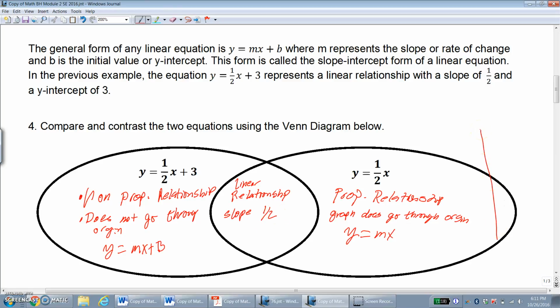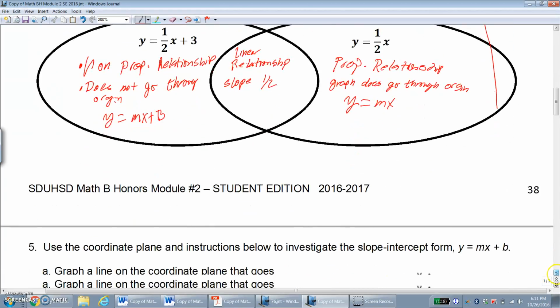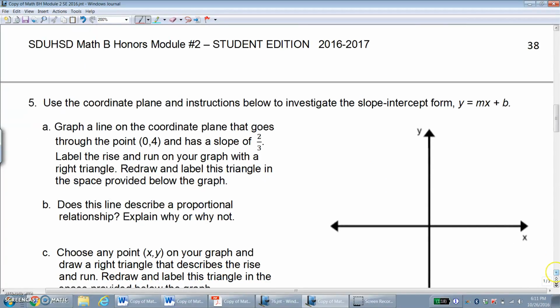Oops. All right, so now let's go ahead and scroll on down and look at the next page. Now, what I would like you guys to do is go ahead and solve number 5 by yourself. Actually, I take that back since we're going to be deriving b on these next two. So, same idea. What we're going to do now is graph a line on the coordinate plane that goes through the point 0, 4.